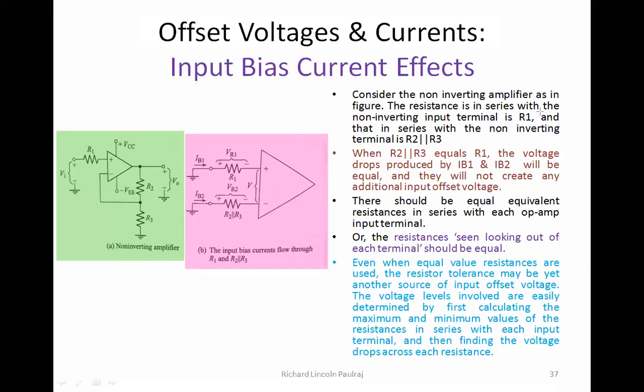The resistance in series with the non-inverting input terminal is R1. And in series with the non-inverting terminal, R2 is in parallel with R3.